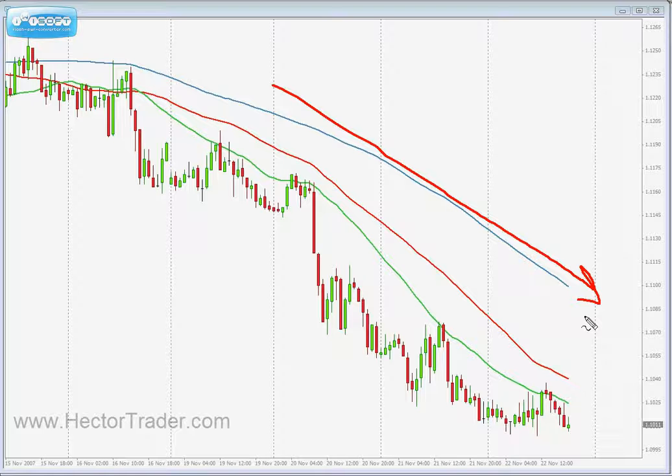No matter the market, the only way to achieve some sort of consistency in this business is to always trade with the trend on your side, with the moving averages pointing in the trading direction, and that's the way I personally do it. Like I say, it's the only way to make sure that you are stacking up the odds on your side.